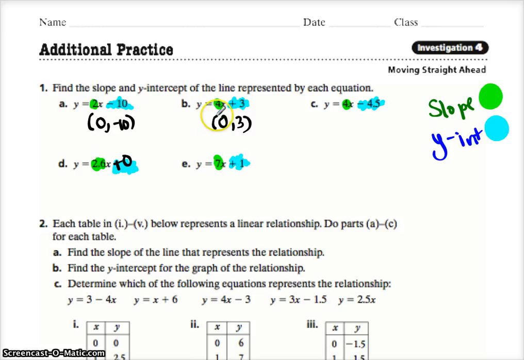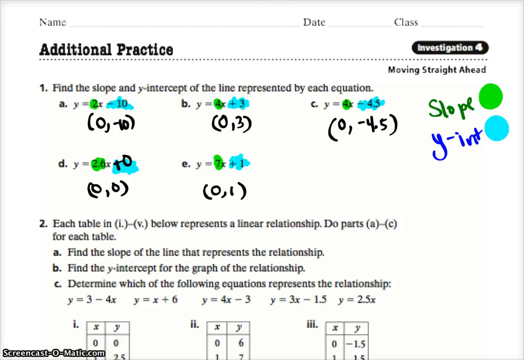This one can be written as 0, comma, negative 4.5. And etc. 0, comma, 0. And 0, comma, 1. Now, what that means is on my graph, this is where they're crossing.